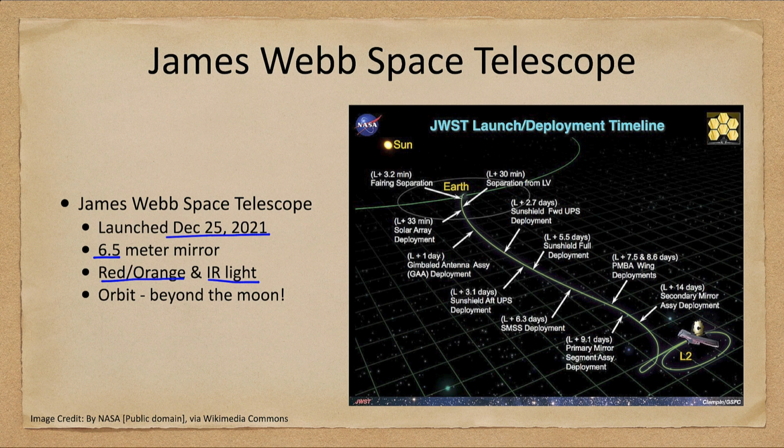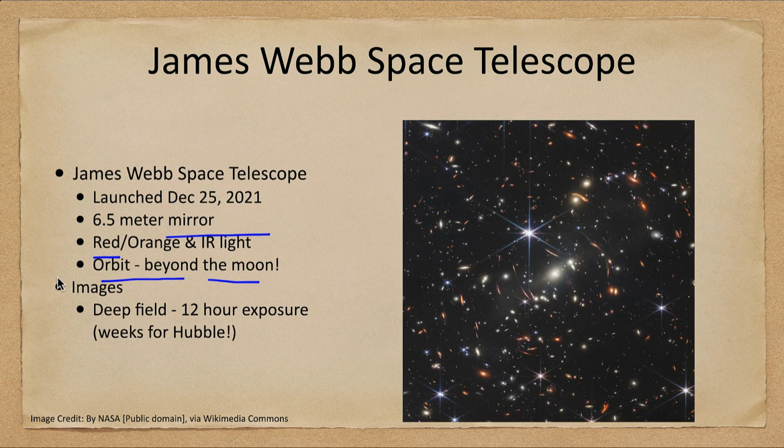So it's out well past our moon and has since been able to give us some very nice images since the first images were released in July of 2022. We are able to see with far more detail than what Hubble had been able to.